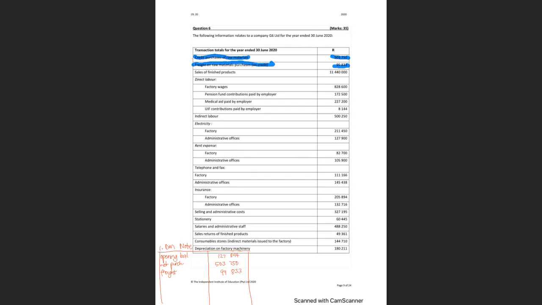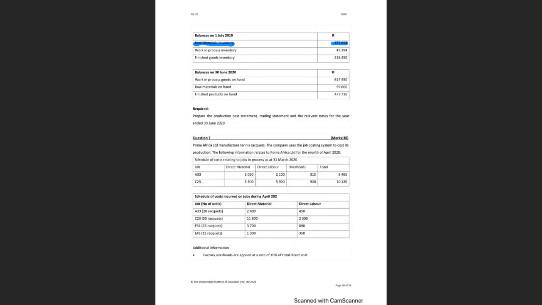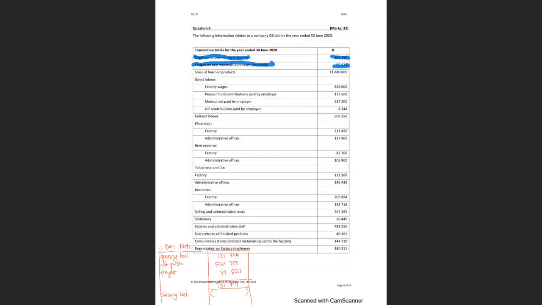And then you're looking for any other imports and so on, but there wasn't mention of any here. So those totaled will give you 731,477, and then you're subtracting your closing balance. And your closing balance from the next page is going to be the raw materials on hand, 99,000.